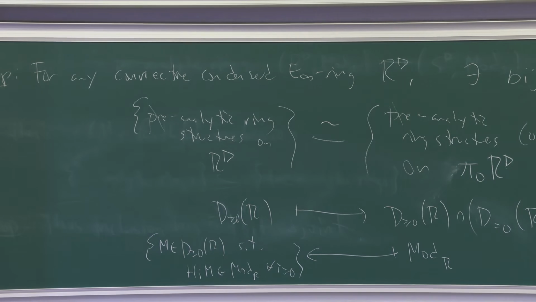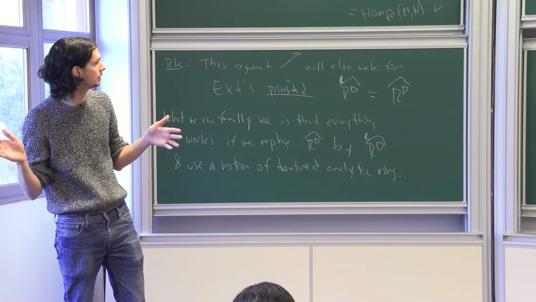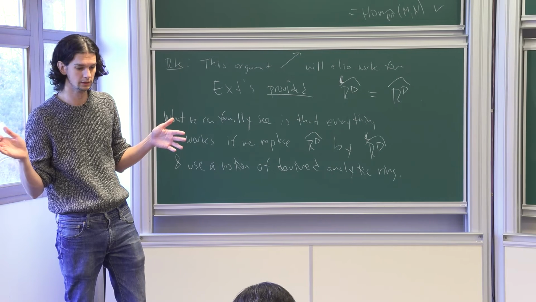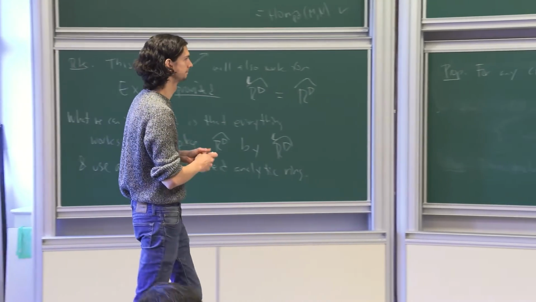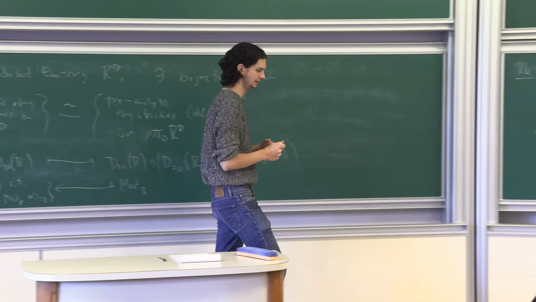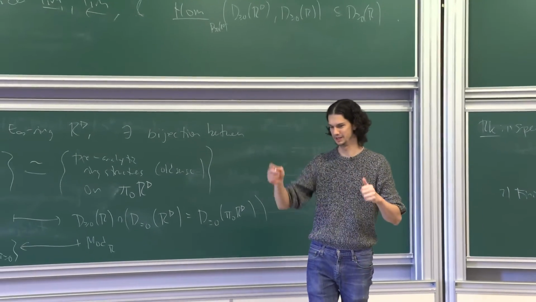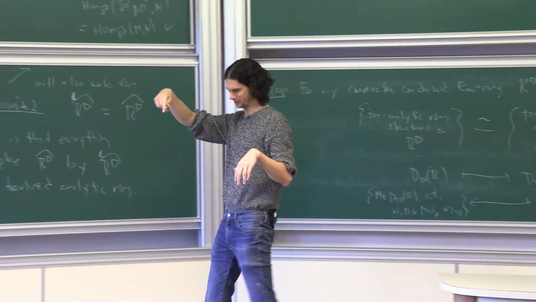There's a question in the chat. Are you really requiring that D greater than or equal to 0 is closed under all limits? I think the claim is that you take the limits in D greater than or equal to 0. Yes, that's right. So these are not limits in the big thing. Somehow there's something going on here. For example, being closed under the loops functor is actually stronger than you might think.